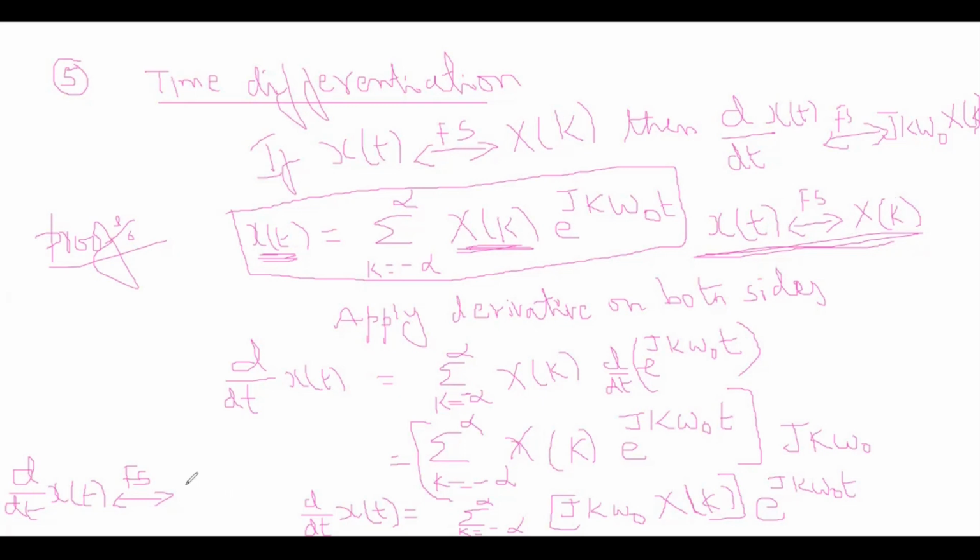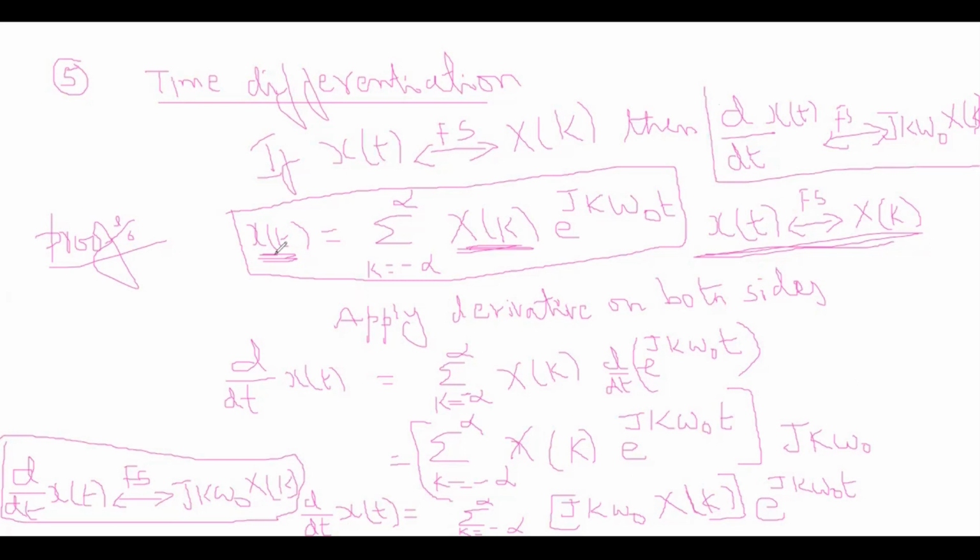The total term is j k omega naught into x of k. This is a Fourier series relation for the derivative. The d by dt of x of t has Fourier series j k omega naught x of k. That only you have to prove.